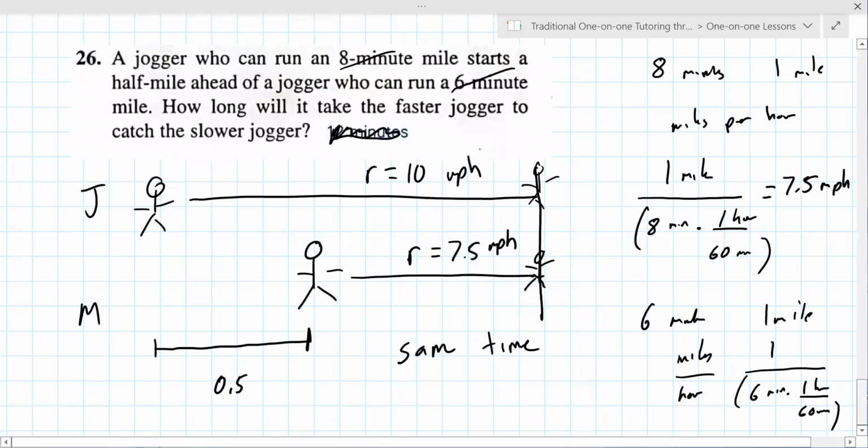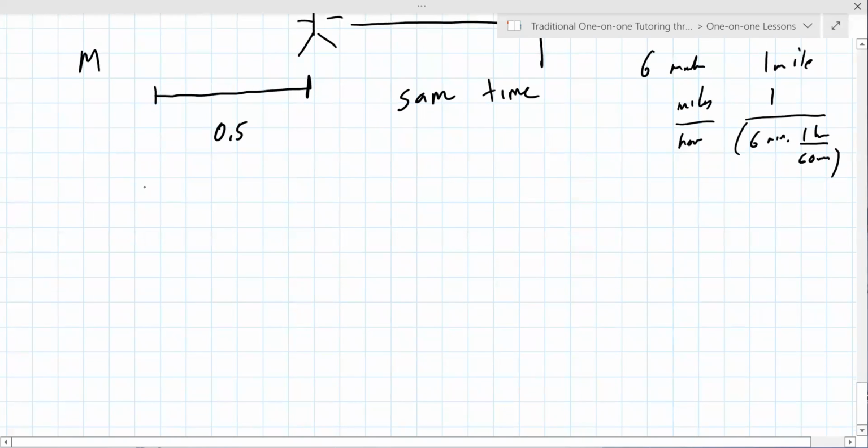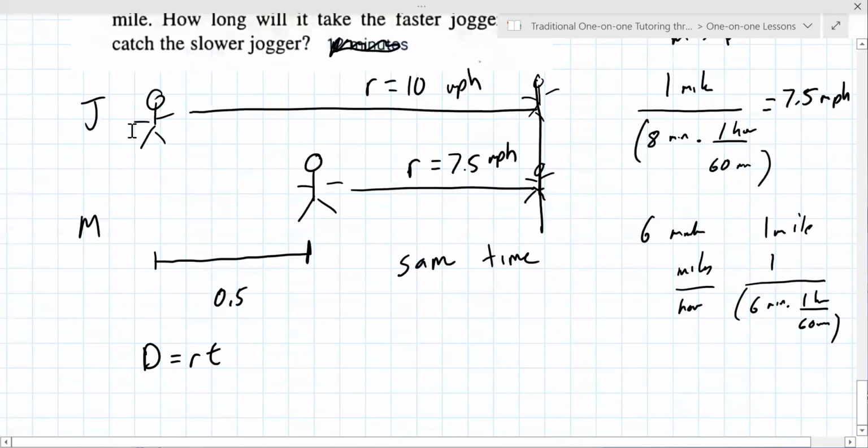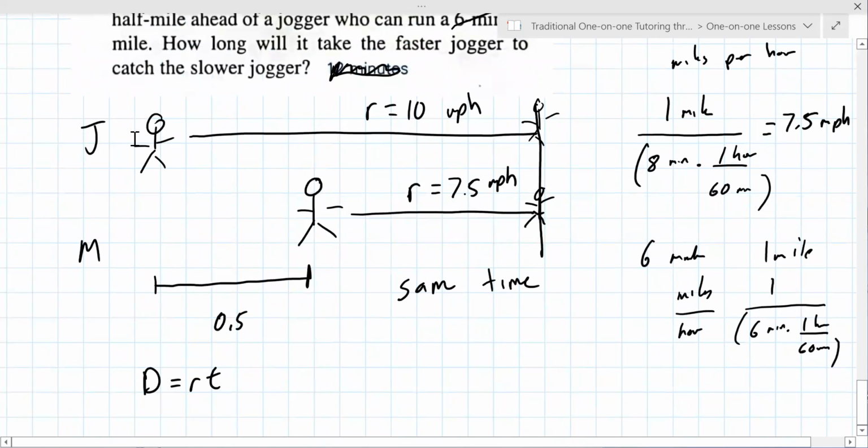Let's now dive into the D equals RT part of this, because that's really what matters here. Let's talk about you. Do you know how far you've gone? Do you know the distance? No, you don't know that. So that's D. Do you know your rate? 10. Good.